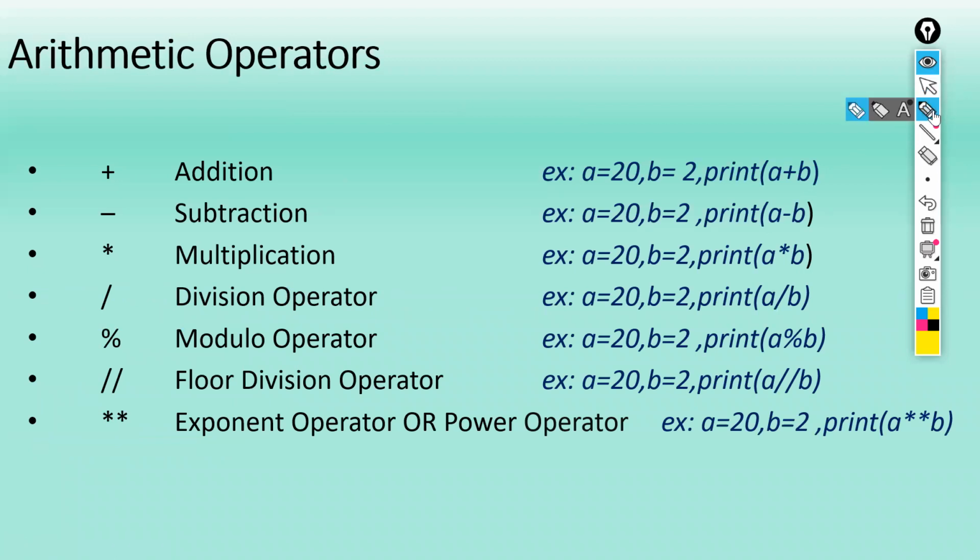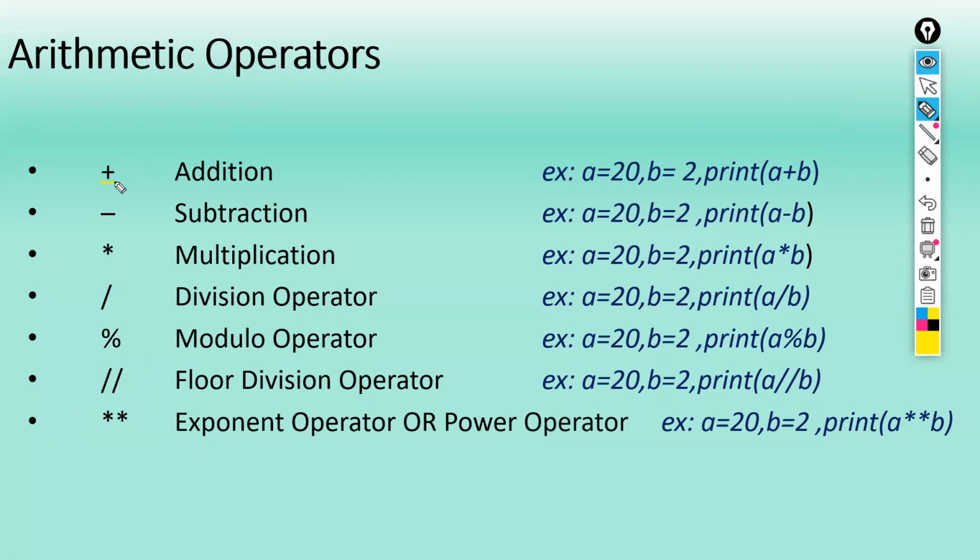These are the arithmetic operations. Remember, this is the most important concept, because you are familiar with up to division, but I think you don't have an idea about these 3.